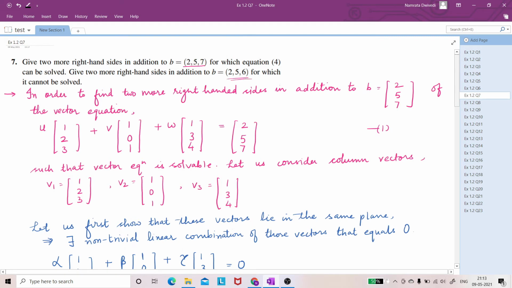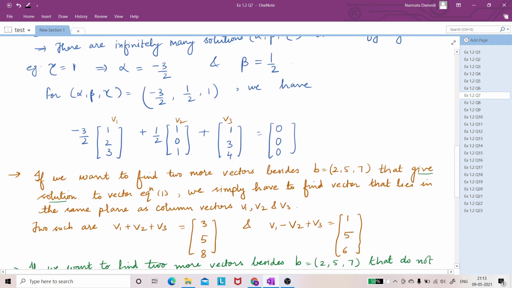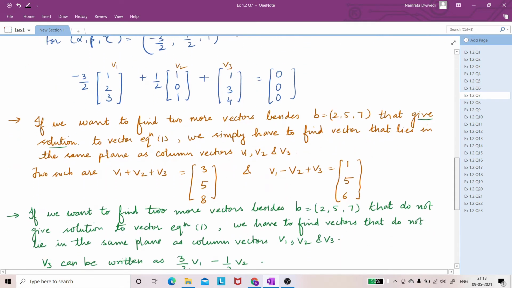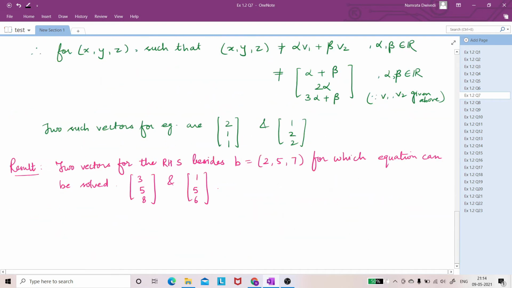And the second part we have done it, 2 5 6, we'll have to just change the B. Yes, this one is 2 5 6. Please rectify this. 1 5 6, the solution is same, no worries about it. That's just a typo mistake.